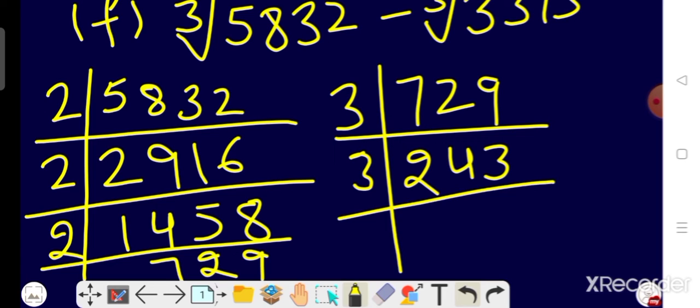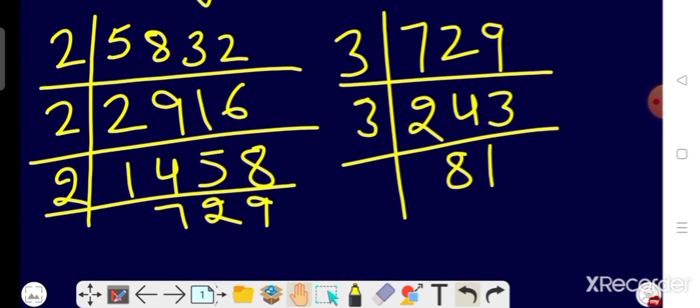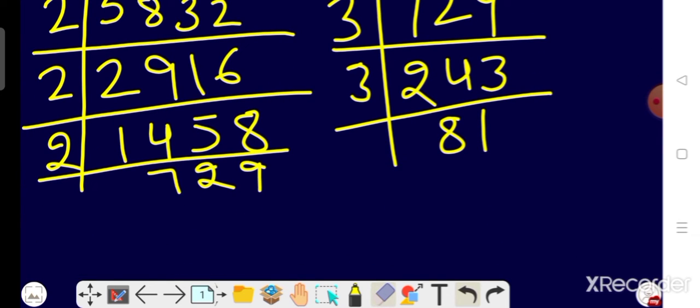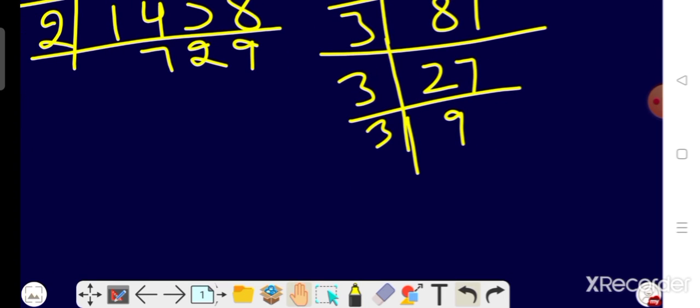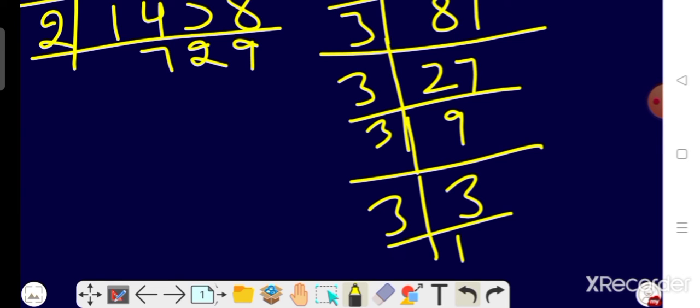Again by 3, 81. Again divisible by 3, this will become 27, then 9, then 3, and 1.